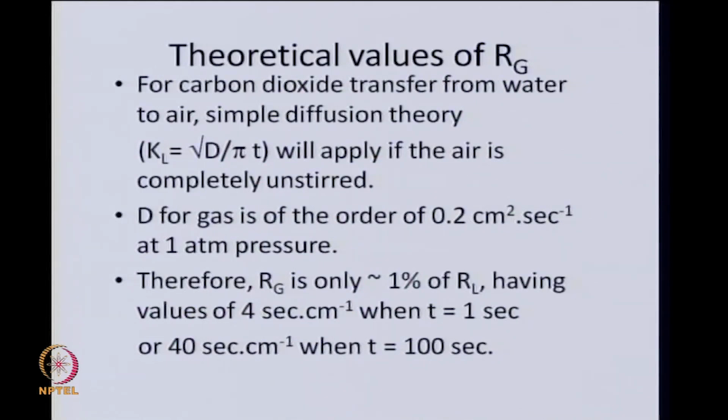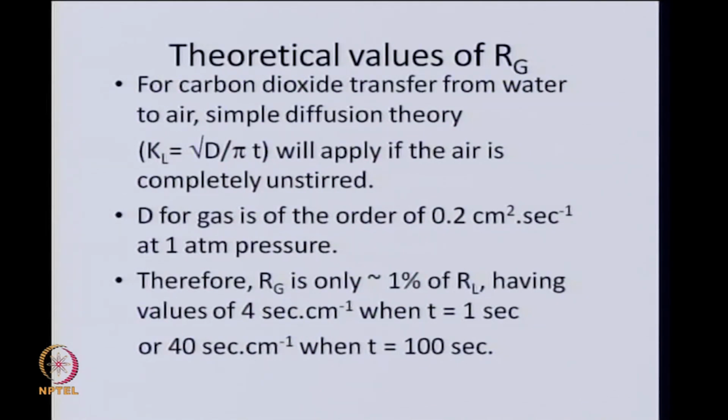That is the liquid phase mass transfer coefficient. Diffusivity for the gas is of the order of 0.2 centimeter square per second at atmospheric pressure, and if we were to use a similar formula for the gas phase, then the Rg comes out to be just about 1% of the liquid phase resistance.